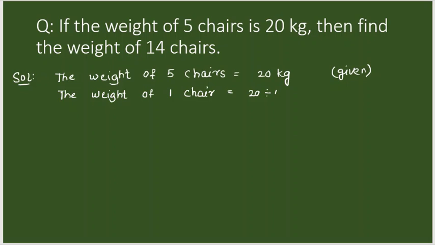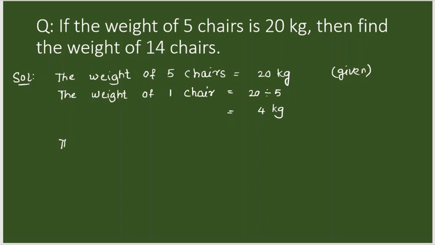So here one thing you remember children, to find the value of one unit, we have to perform division. So 20 divided by 5 gives us 4. What are the units? Kilograms, kg. So one chair weight is 4 kg. But here it is asked to find the weight of 14 chairs.